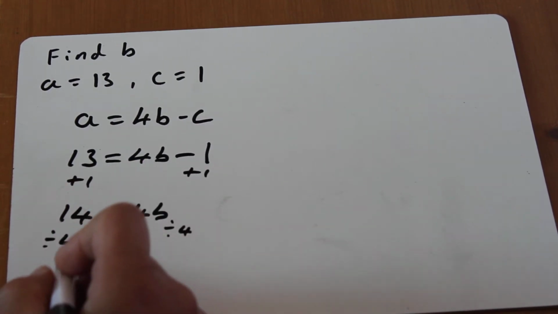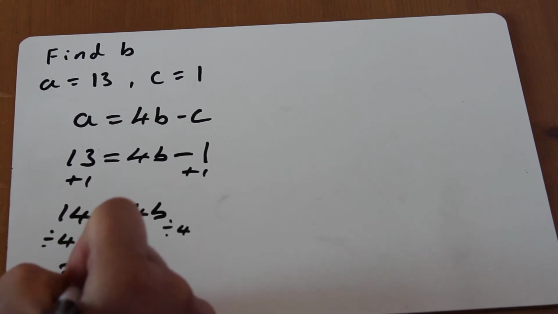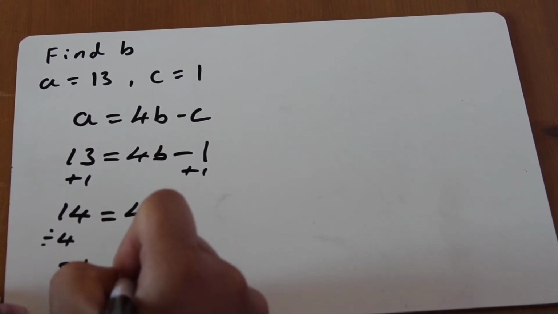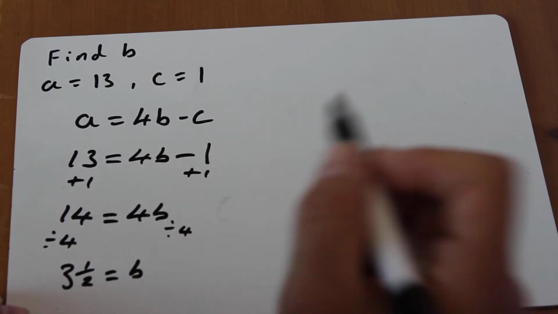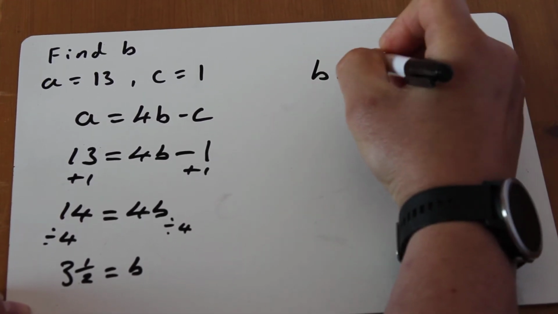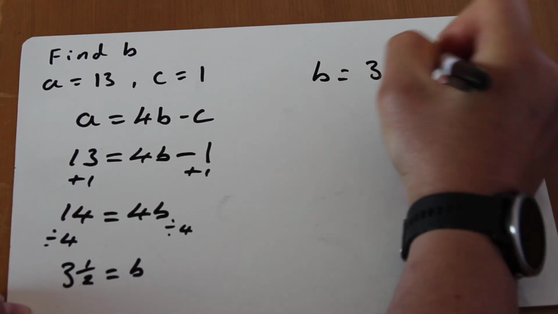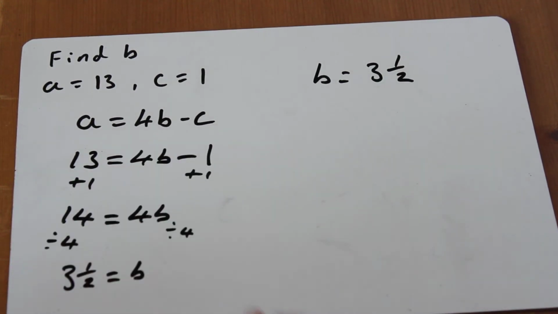So 4 into 14 goes 3.5 times, which is equal to B. But then I need to rewrite that as B is equal to 3.5. Remember that the letter gets written first.